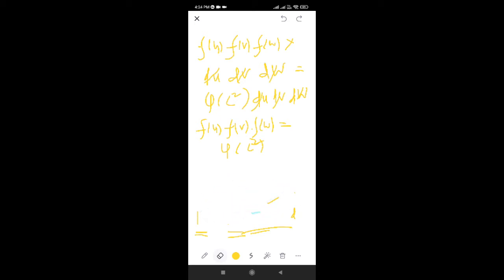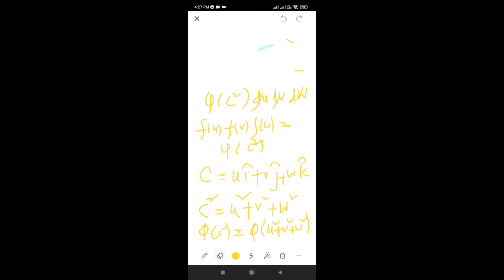Finally you got this equation: f(u) f(v) f(w) equals phi of c square. I am differentiating this equation.